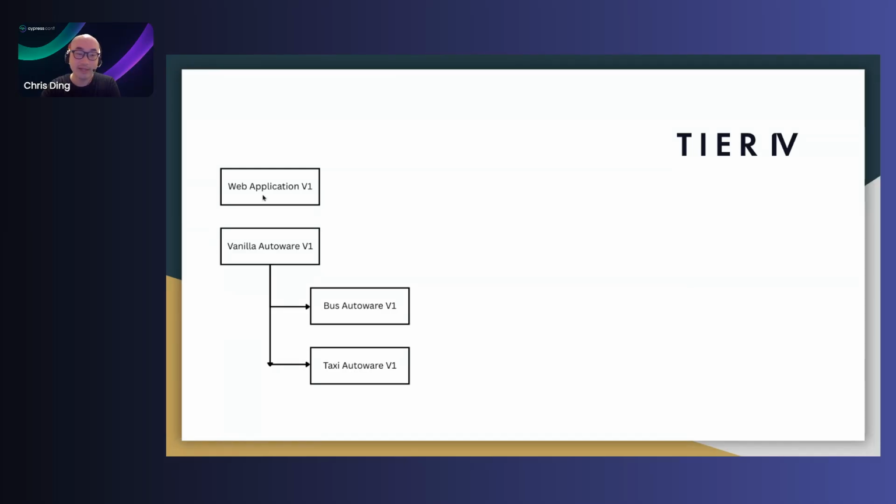There is web application v1, the first version of the web application, and vanilla Autoware. This vanilla Autoware is Tier 4's fork of the open source Autoware, and Tier 4's bus Autoware v1 is built off of vanilla Autoware v1, and taxi Autoware v1 is built off of vanilla Autoware v1.